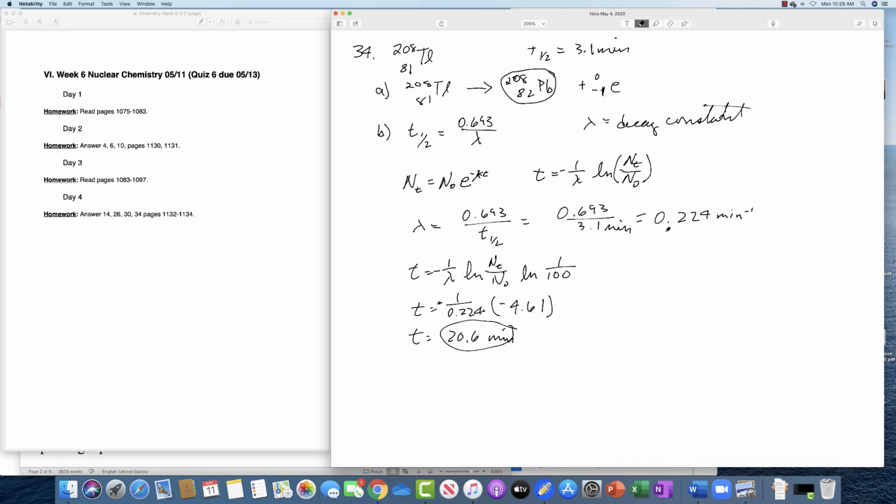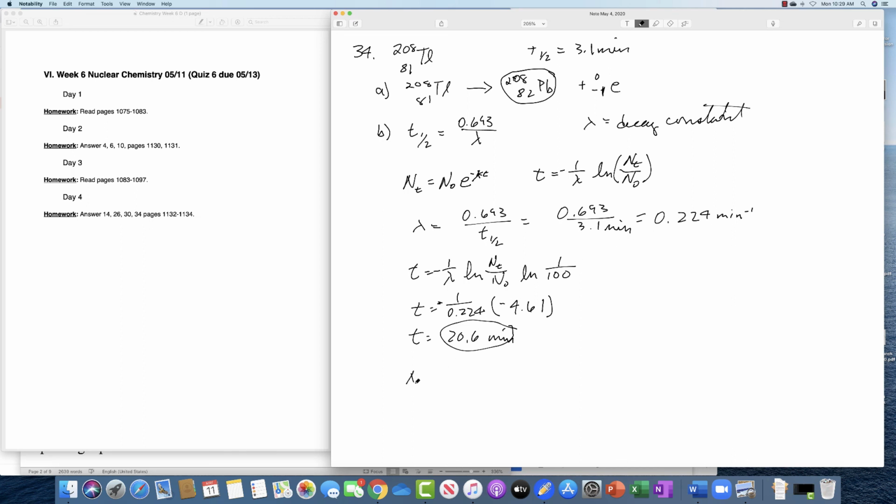And then it says how much, or what percentage, of the sample of pure thallium will remain undecayed after 1 hour. Now what we're doing is solving for this instead of solving for T, and there's a couple ways you can do that.